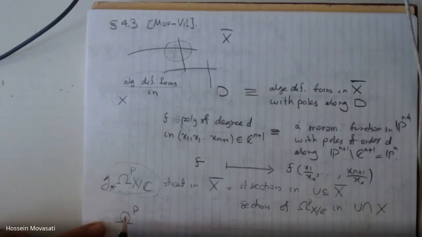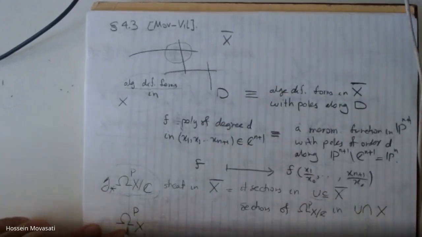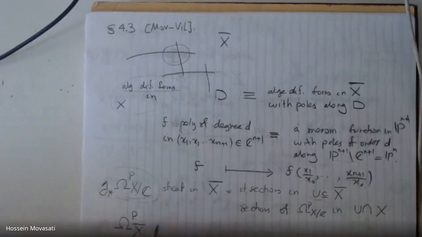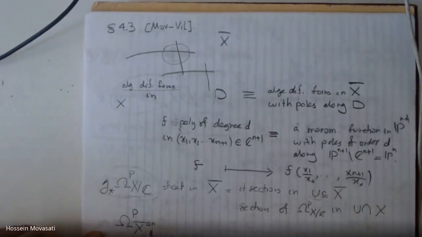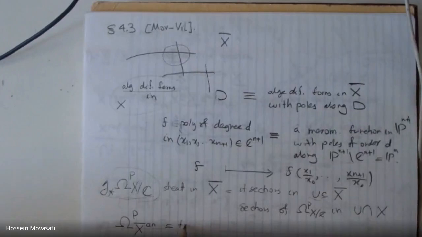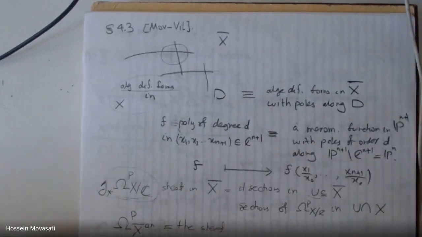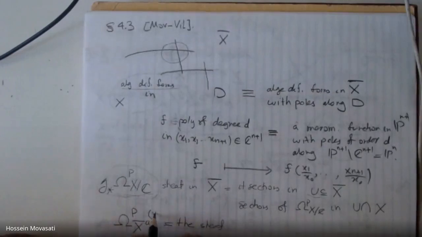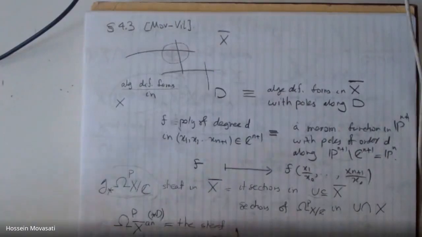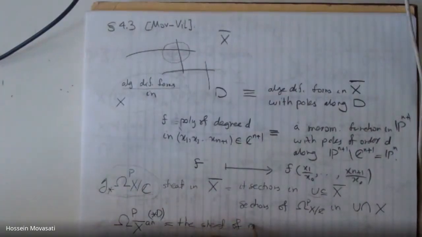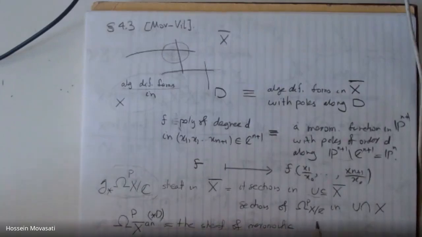But what I need, the reason that I introduced this one, Omega^p_X analytic. Now I put the whole X bar analytic, maybe I put also star D, the sheaf of meromorphic p-forms.